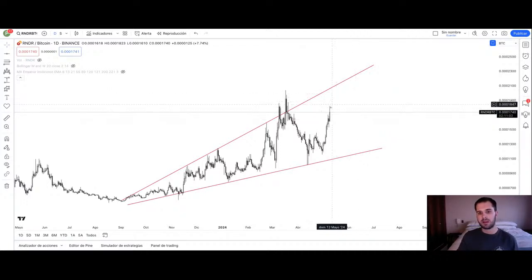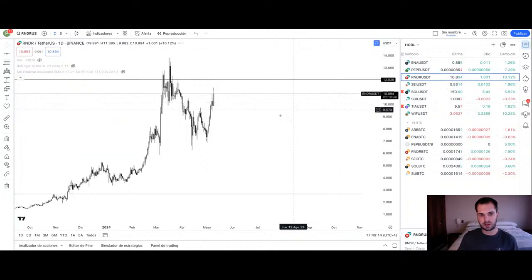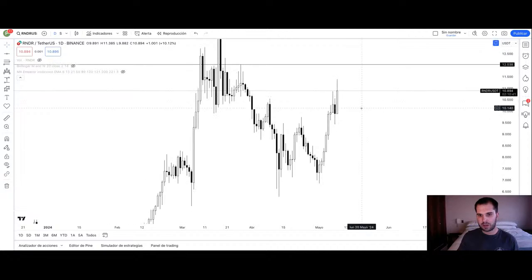Again, this may be pushed because Nvidia is going to have earnings soon. So the whole AI meta has been pumping, and Render has been the highest performing ticker so far. Kudos to Render, up 10% on daily, working on a bullish engulfing candle, and working on its highest candle close since March 29.